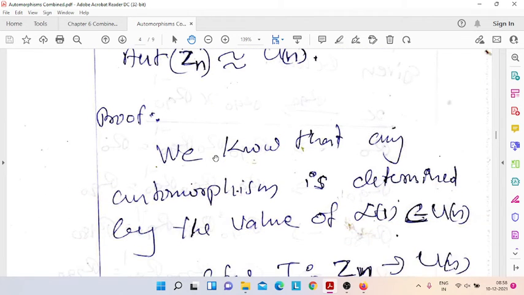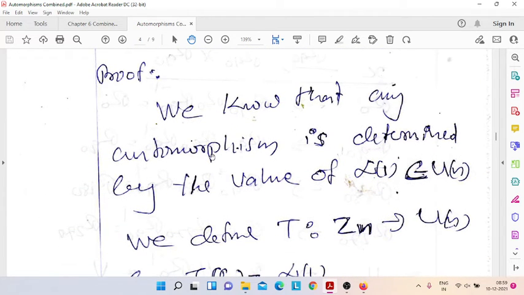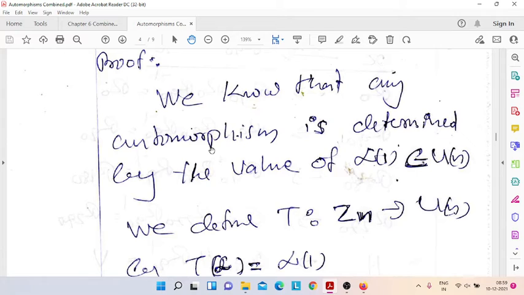Okay, how can we prove this? In order to show this, we want to recall the fact that every automorphism is determined by the value of alpha 1, which is an element of Un. So you should remember that every automorphism is determined by the value of alpha 1.